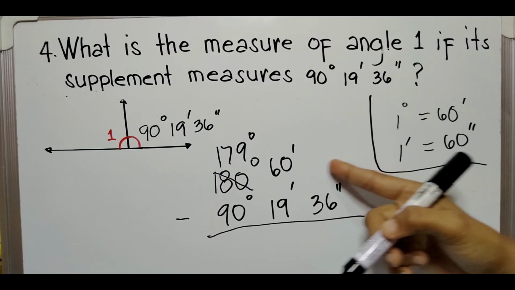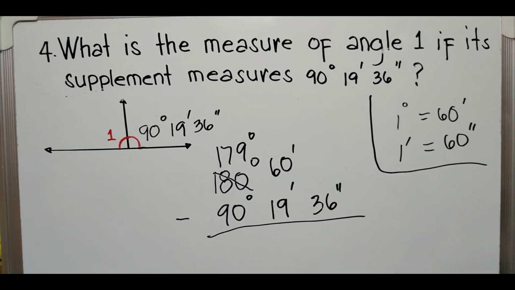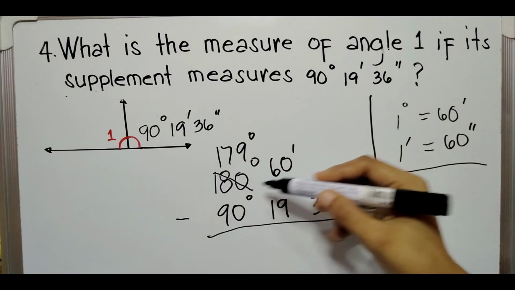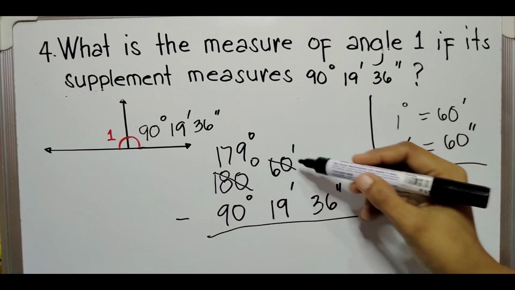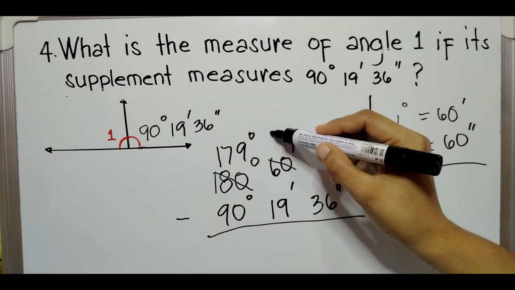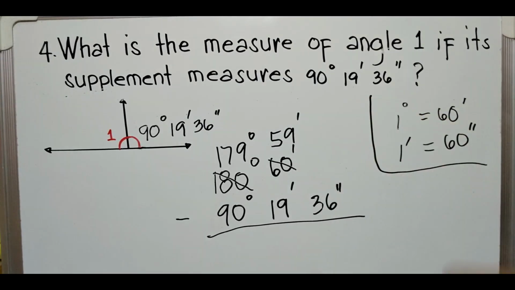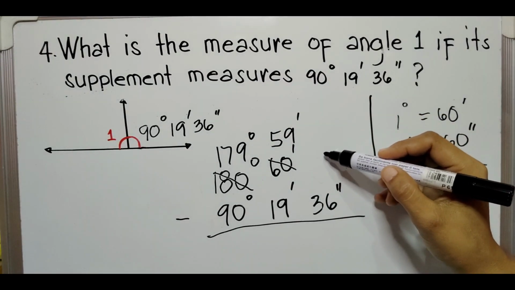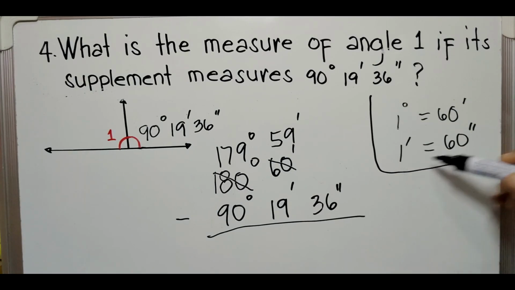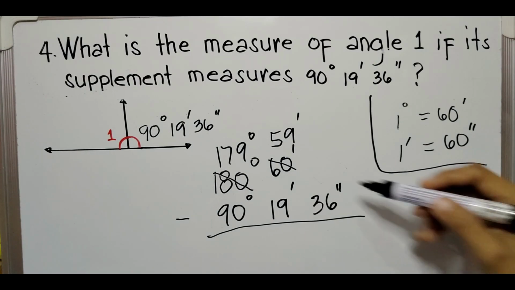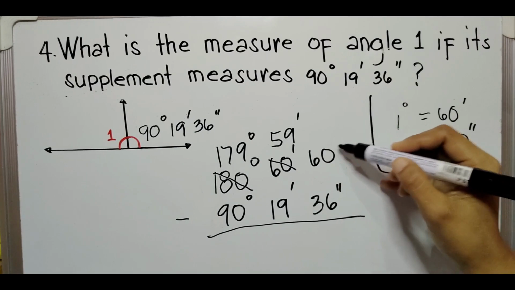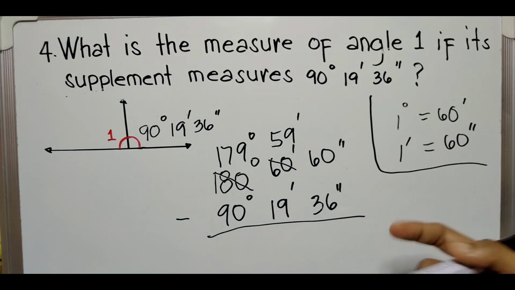We still need the value for seconds here. So just like what we did here, we will borrow 1 minute from here, making this 59 minutes. And we know that 1 minute is equal to 60 seconds, so we'll write 60 seconds. Now we are ready to subtract.